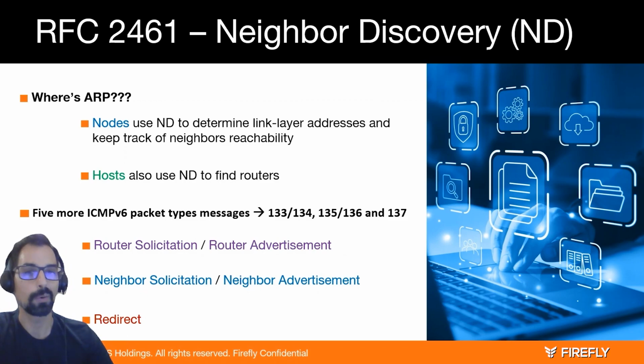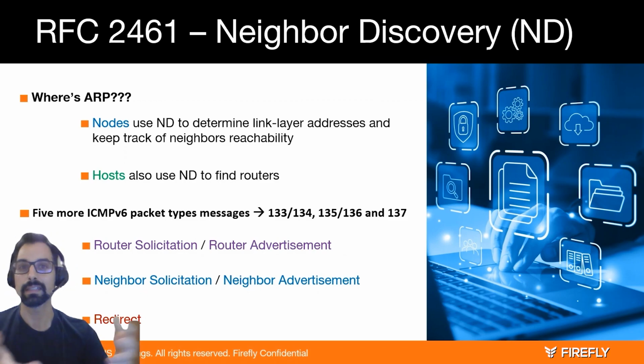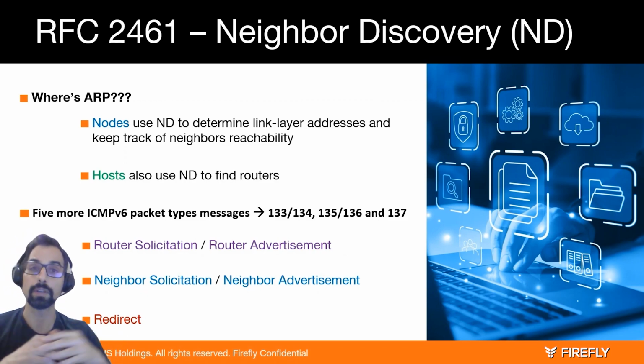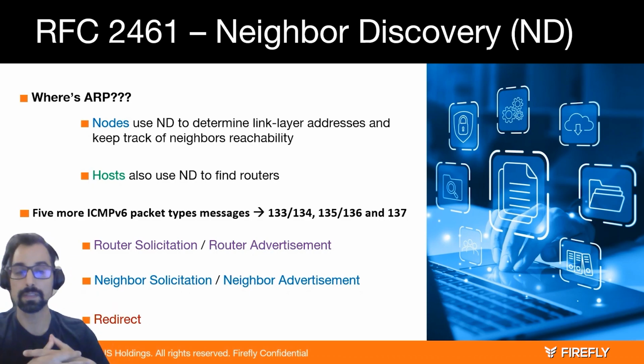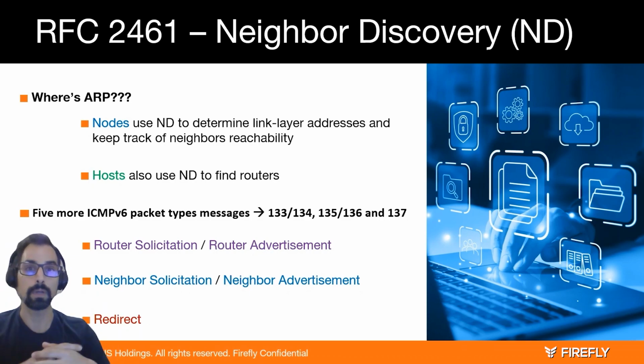Remember that in IPv6 we no longer use broadcast. ARP is a broadcast protocol for IPv4, so we no longer have the ARP protocol. So how do we know the MAC address of my neighbor, either another host or my router? How do I get the layer 2 address?